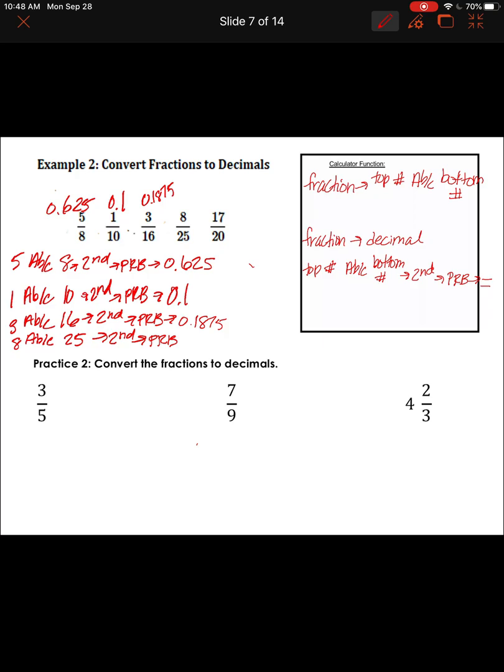So we get 8 AB/C 25, second PRB. Then we got 0.32. Then 17/20, 17 AB/C 20, second PRB.